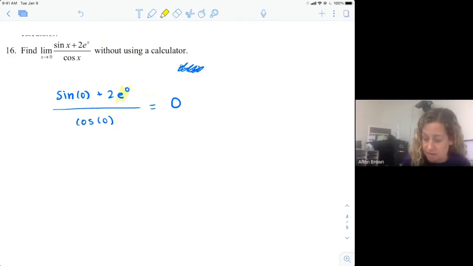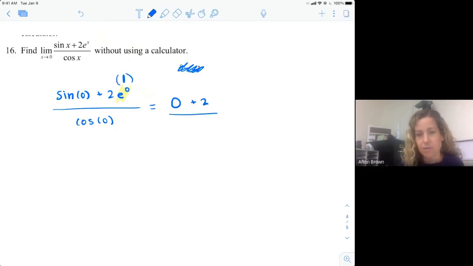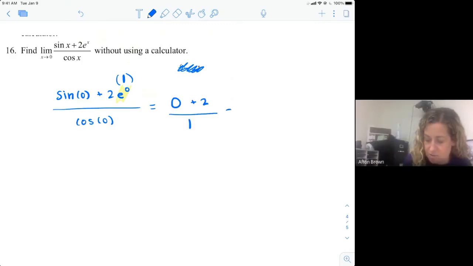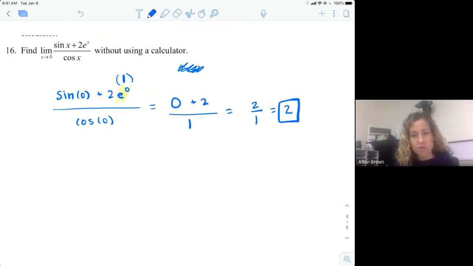Good. So then that's 0 plus 2, because this here is just 1. And then in the denominator, we have cosine at 0. What is cosine at 0? 1. Perfect. Thank you. This is just 2 over 1, or we can say 2. So always try direct substitution first. That one was really just a chance to practice evaluating functions.